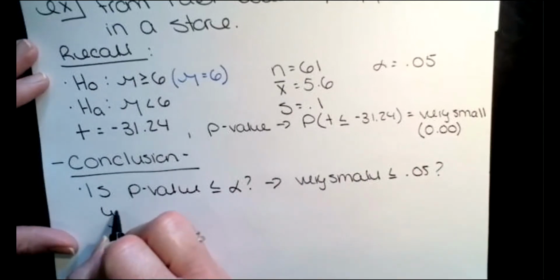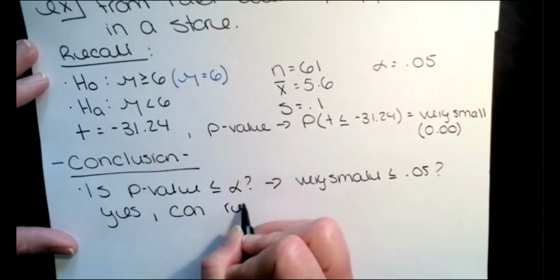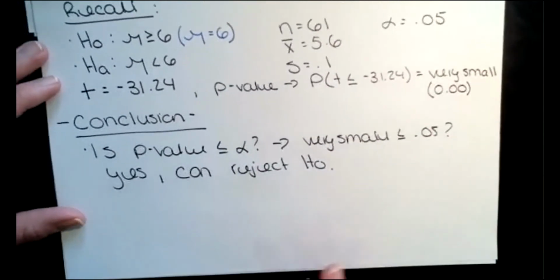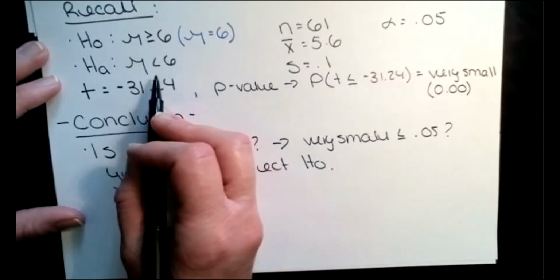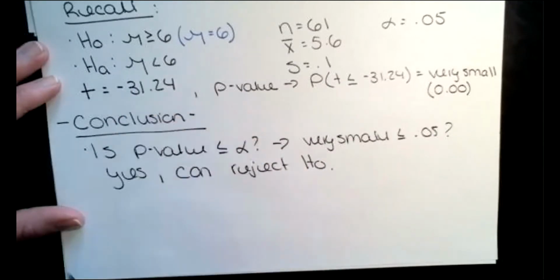And the answer is yes. So yes, we can reject our null. So this means that we can conclude that the HA is true, right? If we said we cannot reject the null, we would say we cannot conclude that the HA is true.